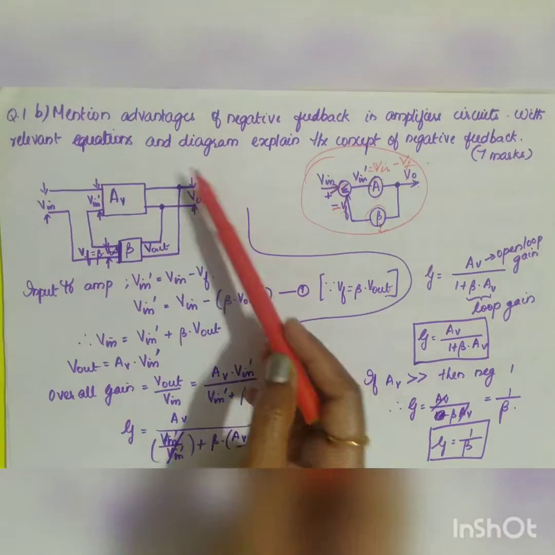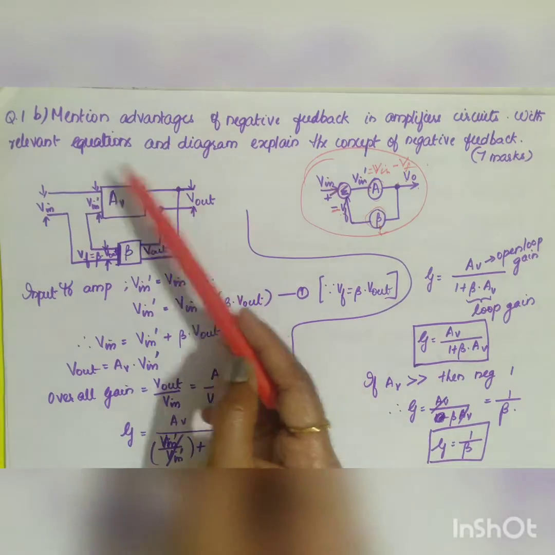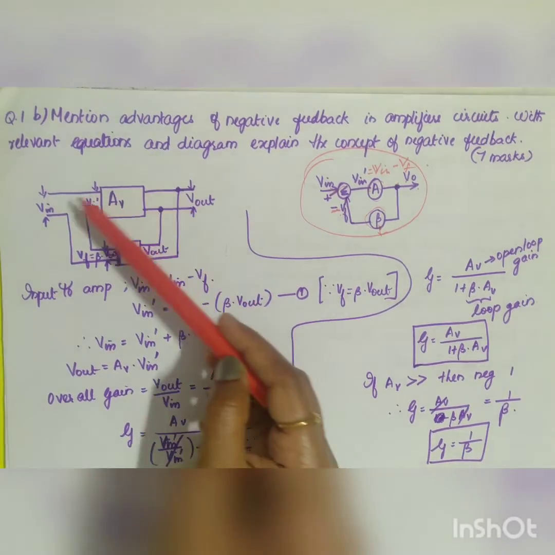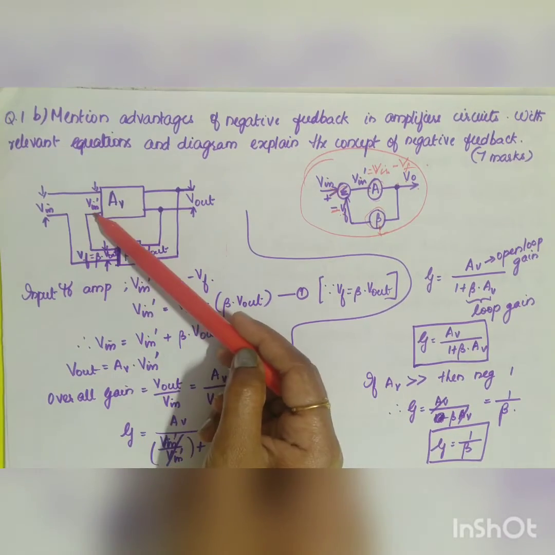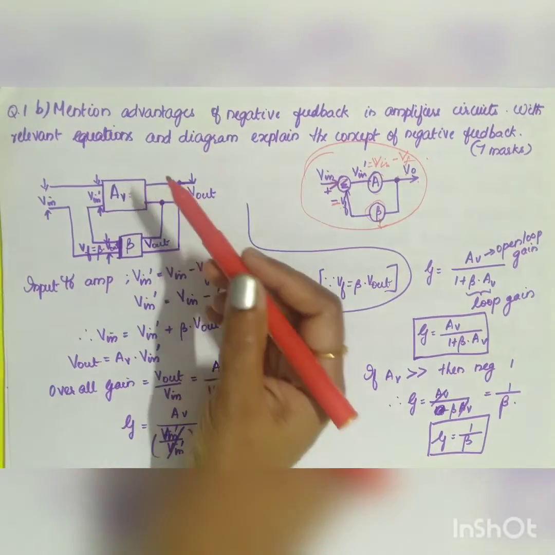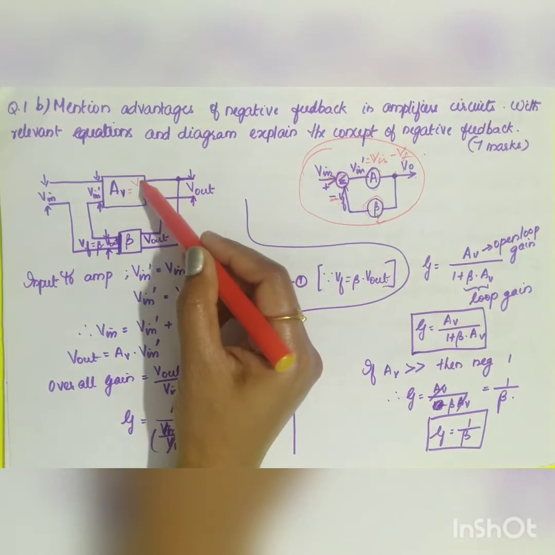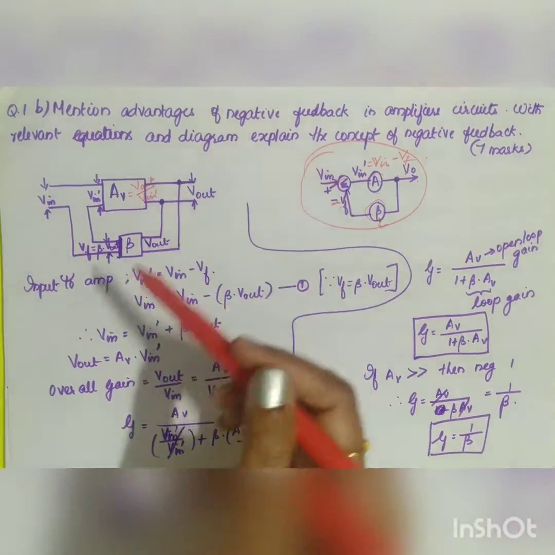So this is your elaborated diagram where you have your series and shunt type, series and parallel type. So here you have your source voltage V in, this is your input, your amplifier V in dash, this is your gain AV. What will be your gain AV? Gain AV is equal to output voltage divided by input voltage, V out divided by V in dash.